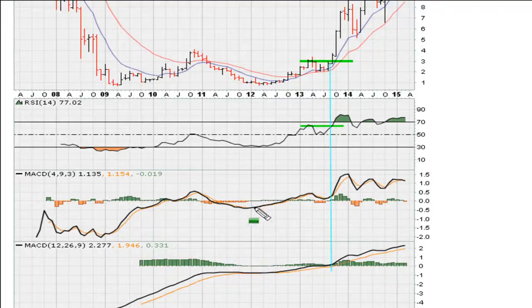We see that at that particular point, one of our MACDs was already jumping to all-time highs there. And the main MACD was also moving to all-time highs and also moving above zero for the first time ever. So we have this breakout, first time ever move above zero, and also this breakout to all-time highs on the MACD, and of course the RSI jumping to 3-year highs, all-time highs.